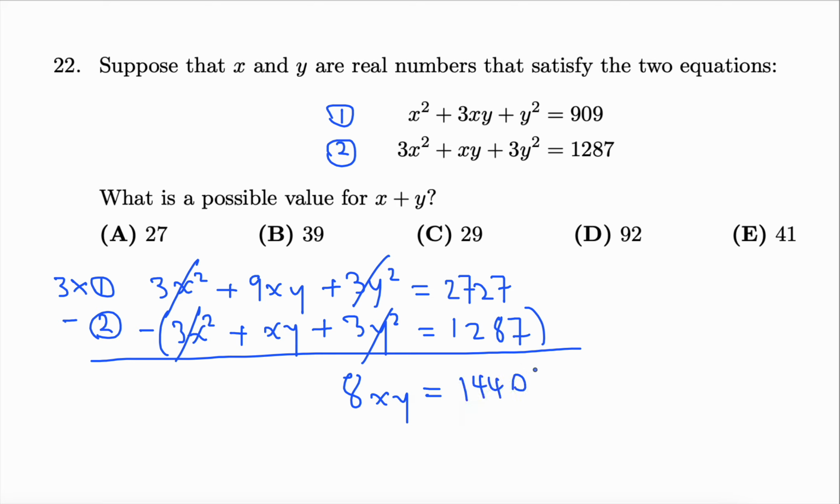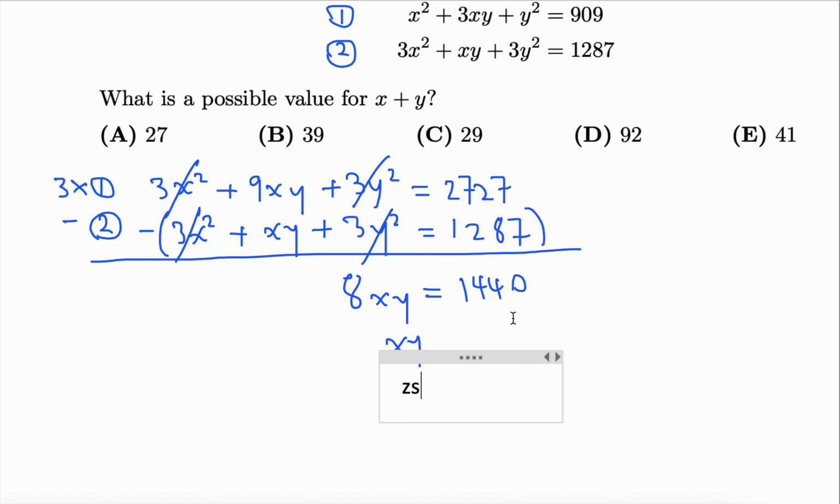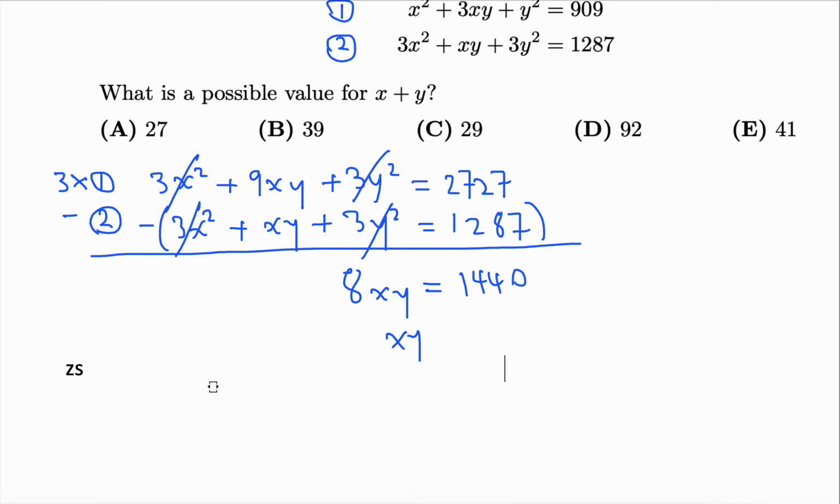Okay. And 1440, let's divide by 8 while we're at it. So then xy is going to equal 180. Whoops, I'm not familiar with whatever this is. This must be a OneNote feature.